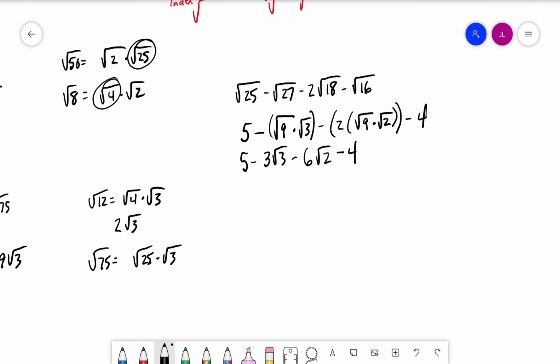So at this point, 5 minus 4 is 1, so we're looking at 1 minus 3 square root of 3 minus 6 square root of 2. This would be the final answer we'd be looking at. This is simplified down as far as we can go with this number of radicals there.